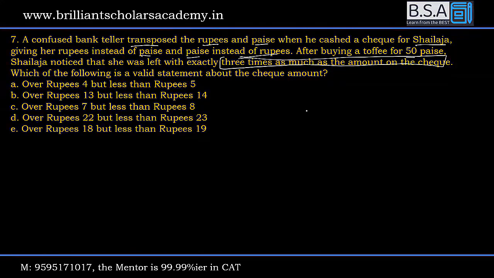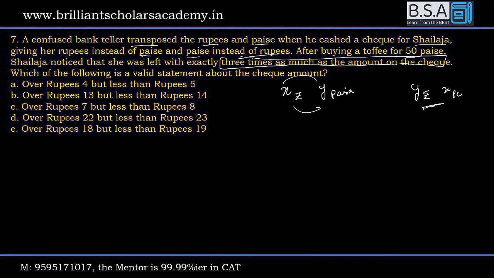So imagine Shailaja is carrying a check for X rupees and Y paisa. Bank teller makes a mistake and he interchanges. He offers Y rupees and X paisa. This is what the bank teller does. Transposes, interchanges. This is what she has got.